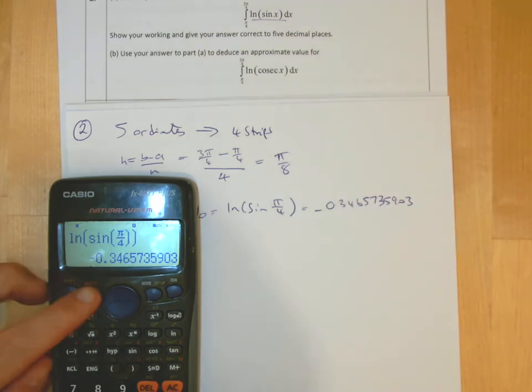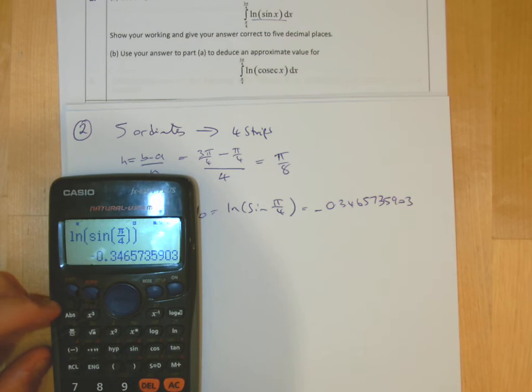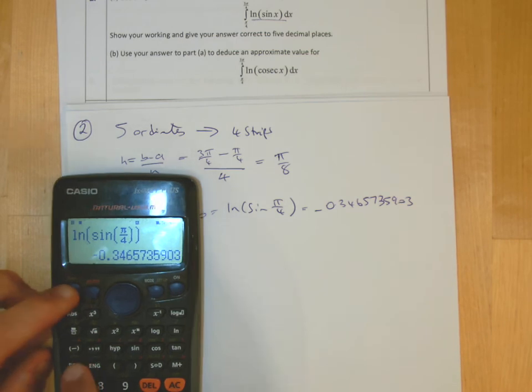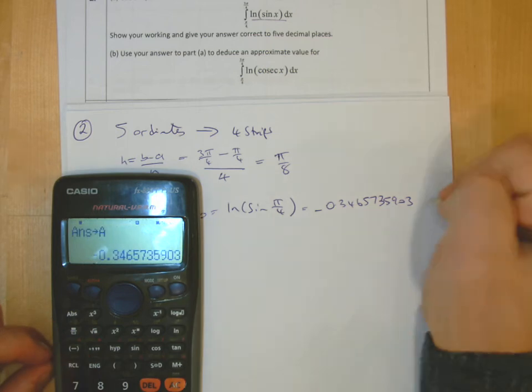Now what I might do this time is use the memory button. If I press shift and RCL, where it says store above the RCL, and then I'm going to store that into A.